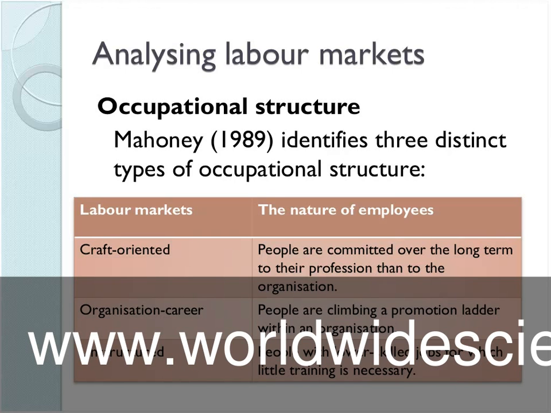So we analyze the labor markets by occupational structure. As you can see, the labor market has three types: the craft-oriented, people committed to their profession; the organization career, which is climbing a promotion ladder; and unstructured, people with lower skill jobs.